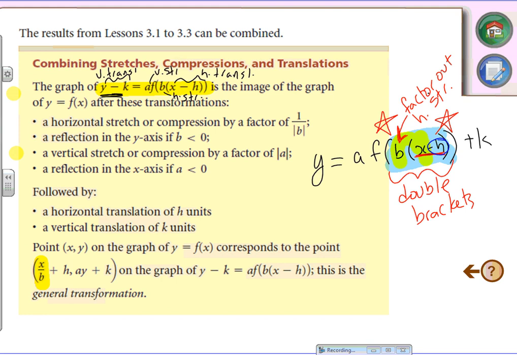If it's horizontal like this, all on the right side, we do the opposite of the b, which is multiplied by 1 over b, and then we add the h on the end. There's our x-coordinate. The y-coordinate, a value, it's on the wrong side, so we can just multiply it by the a. I've got this sitting on the wrong side, just add the k. As long as it's on the wrong side, you don't have to do the opposite.